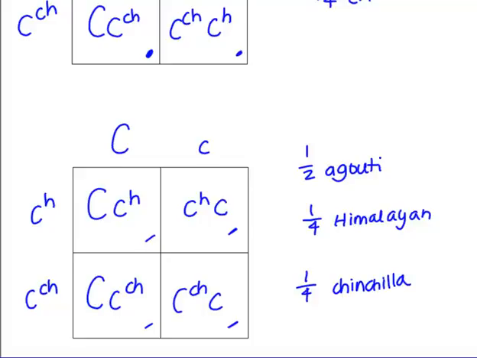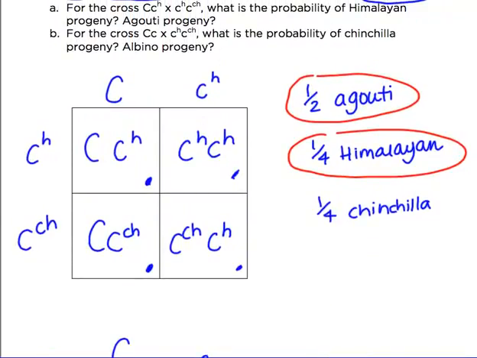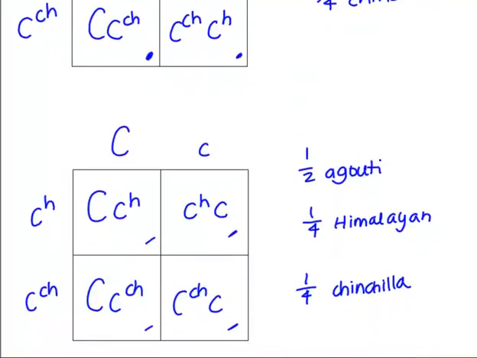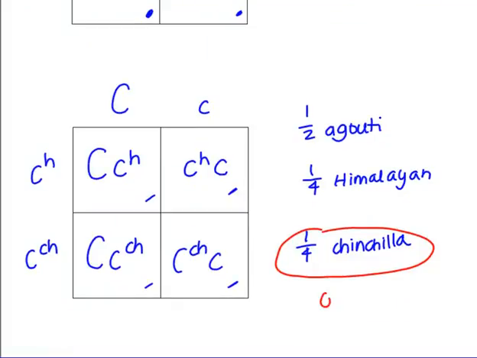So the question's asking, what is the probability for chinchilla progeny and what is the probability for albino? So for chinchilla, it's 1/4, but for albino, it's 0. And remember, to be albino, you have to be both little c, little c.